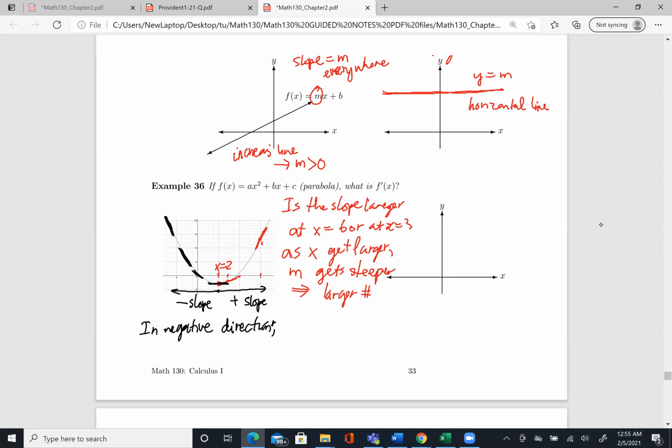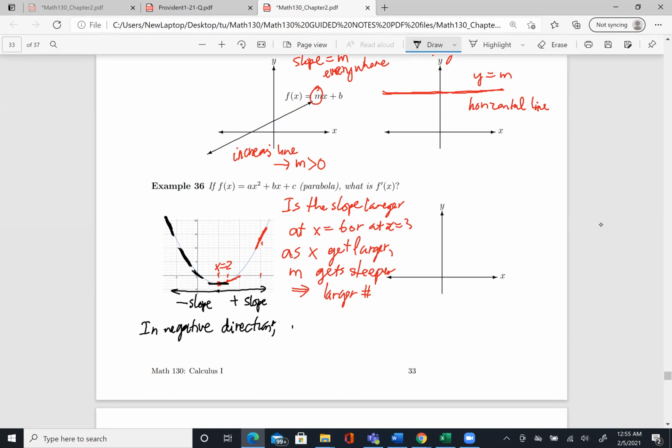So as x gets larger negative, then m gets steeper, with m getting larger negative.